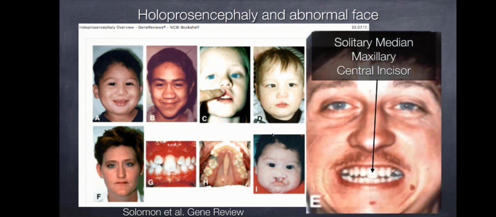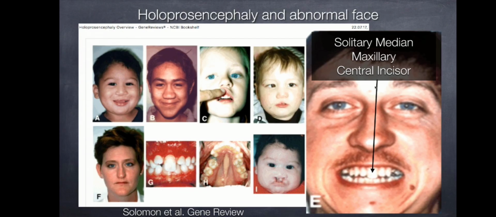What you see here is what is called the solitary median maxillary central incisor. So in the meantime, when I have patients with holoprosencephaly, not typically trisomy 13, I ask them to show me the teeth. They say, what for? I say, show me your teeth, and I look to see if one of them has this tooth. Not yet, I haven't found it yet. Otherwise I would have taken a photo and said, please smile, say cheese.